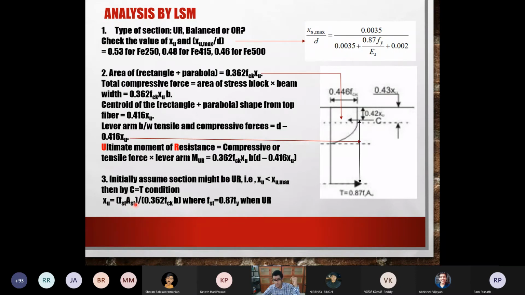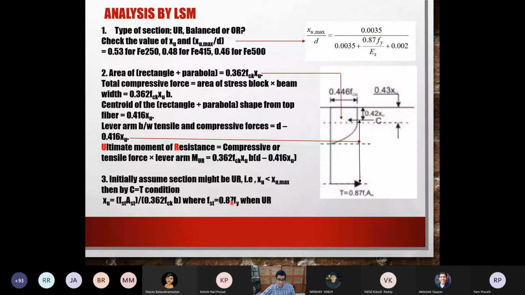Now, if the beam is under reinforced, you know that steel is going to fail. So instead of FST, you can use 0.87 Fy, meaning the maximum stress which the steel can be allowed to reach.